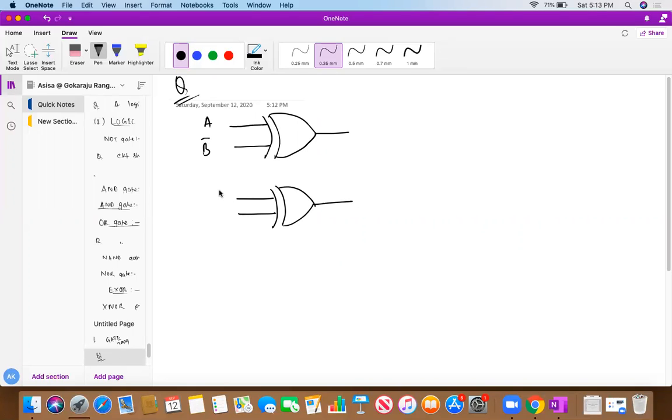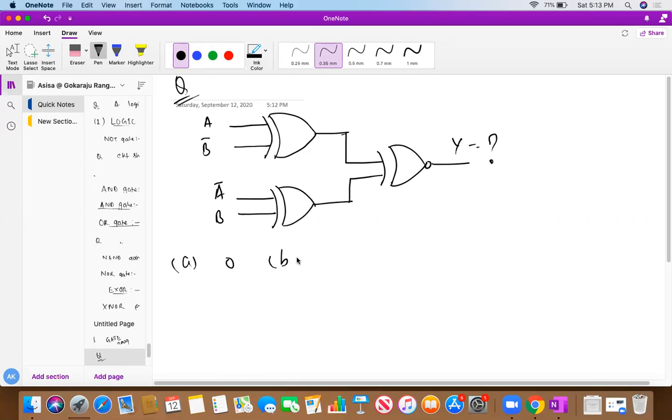This is actually A bar and B. It goes to an XNOR gate, Y. So what is Y? Your choices are A, 0; B, 1; C, A XOR B; D, A XNOR B.